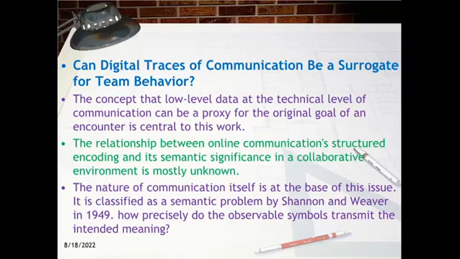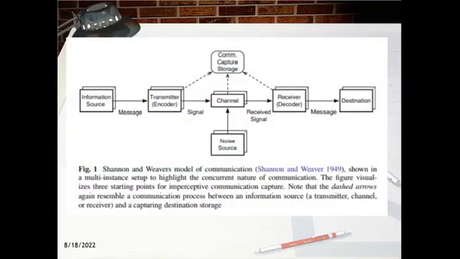It is classified as a semantic problem by Shannon and Weaver in 1949. How precisely do the observable symbols transmit the intended meaning? See figure 1. This figure shows the communication model proposed by Shannon and Weaver can be utilized to sketch out a non-interfering approach to communication capture.